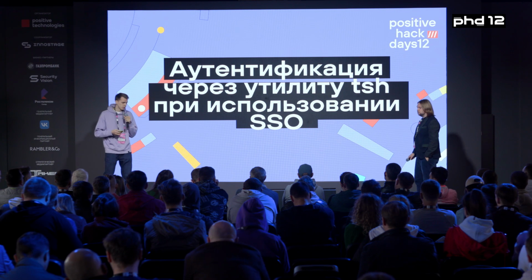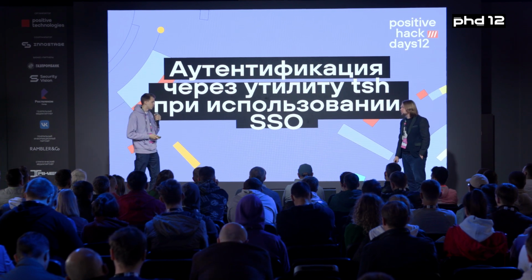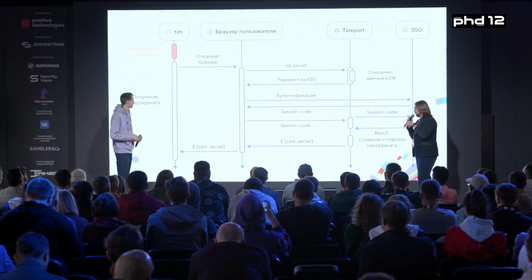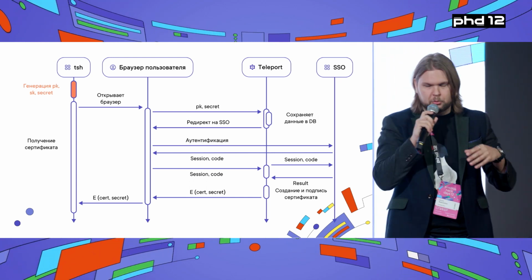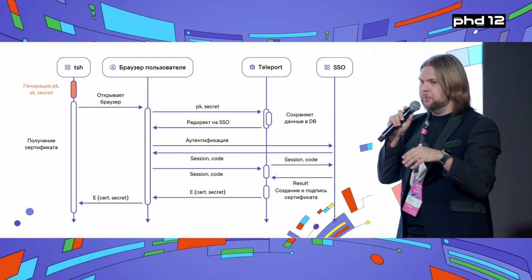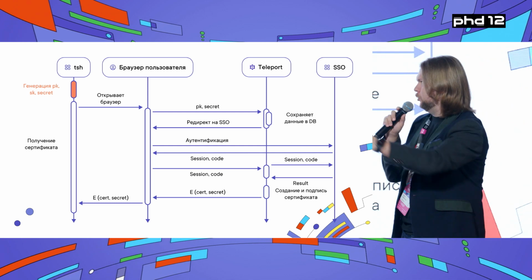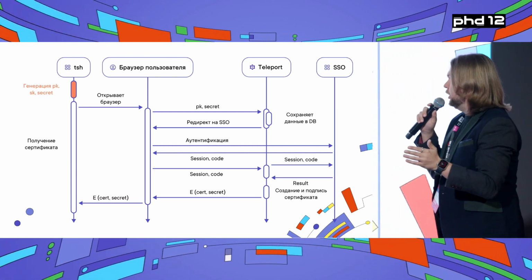Let's have a look at the authentication in Teleport by means of SSO through SSH utilities. Okay, let me explain why we opted for SSO authentication. Because this is the most complex flow of authentication. It is not described anywhere. There are certain unclear things, and I had to somehow fix it a little bit.